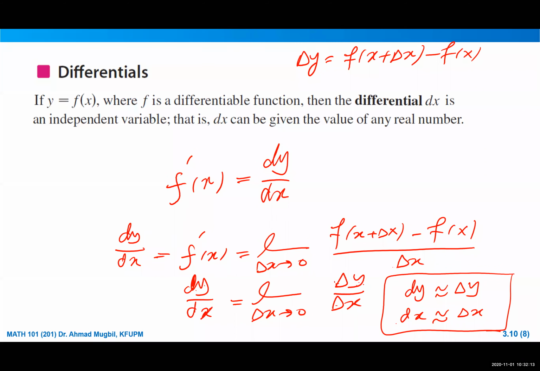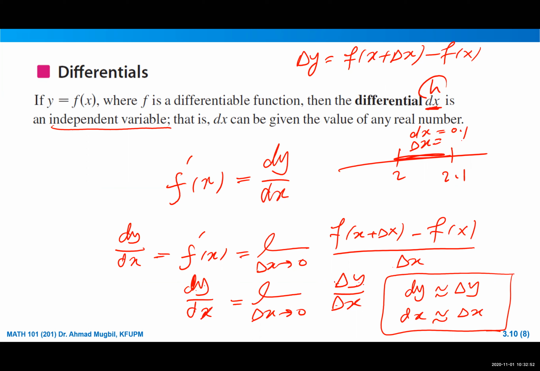Now, if this is a differentiable function, then the differential dx can be considered an independent variable that can be given any real value, any real number. It does not depend on x or whatever. It is h. So if you have here 2, this is 2.1. So h here or delta x here, which is approximately dx, is equal to 0.1. So this is what we mean by that.